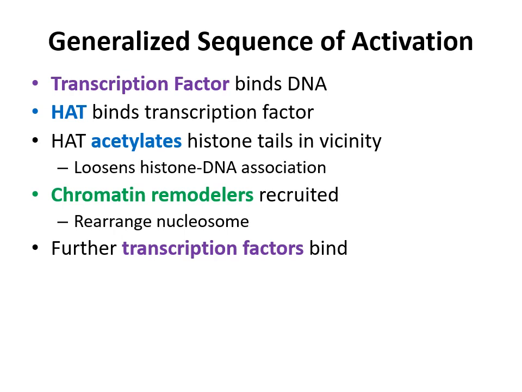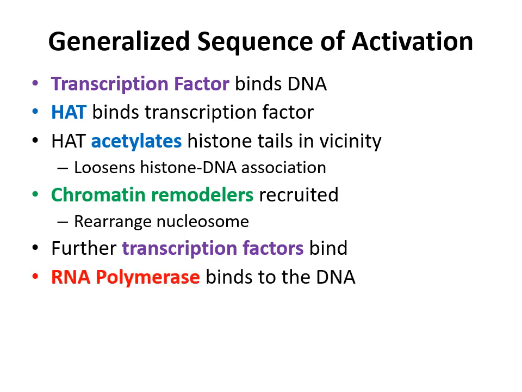And by having more of those transcription factors there at that region, you are now allowing RNA polymerase to see the promoter because you have the help of all of those transcription factors. Okay, and the RNA polymerase is then able to bind to the promoter and kind of kick off transcription.